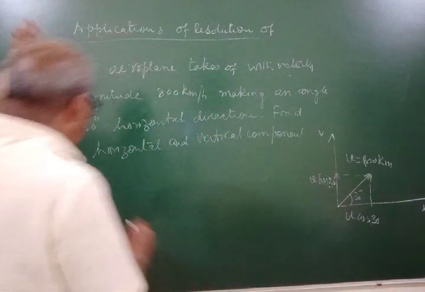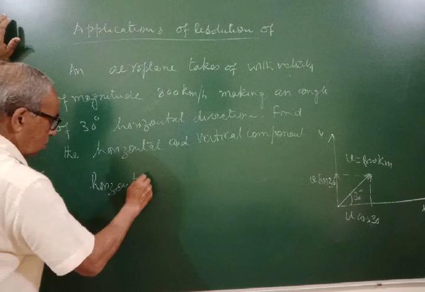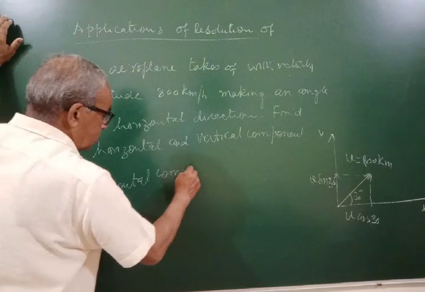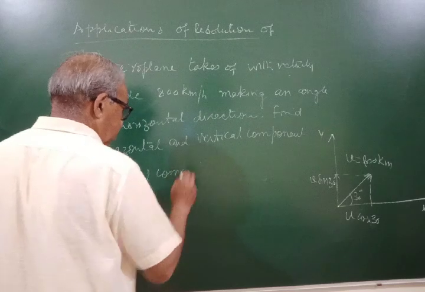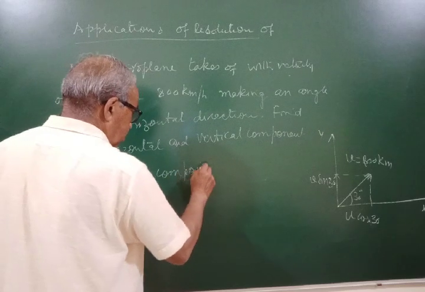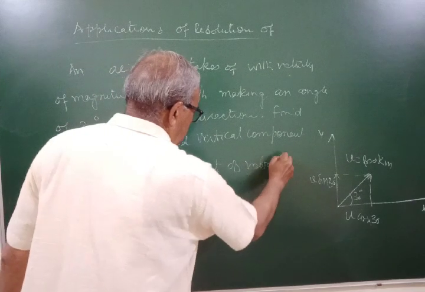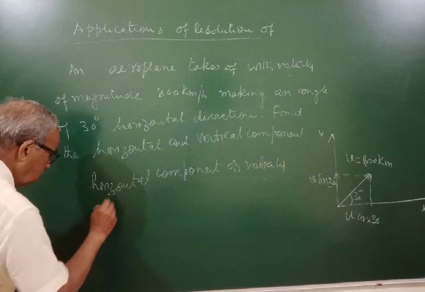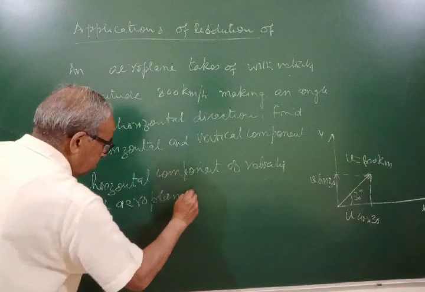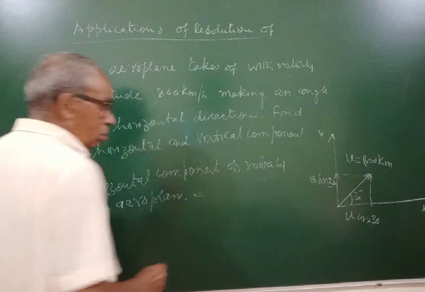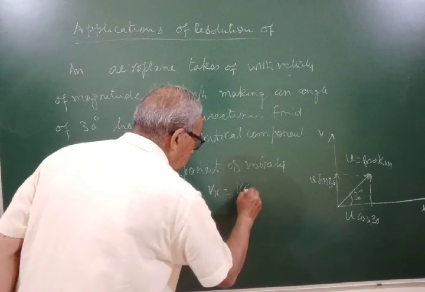So the horizontal component of velocity of the aeroplane, Vx, is equal to v cos 30.